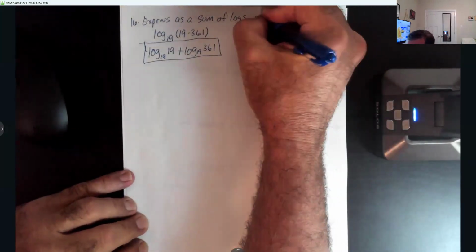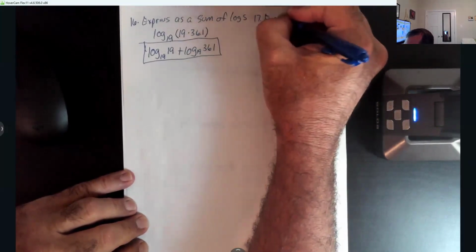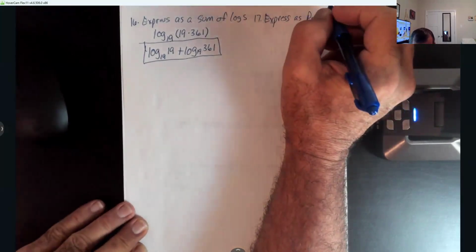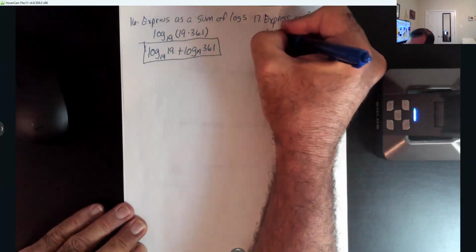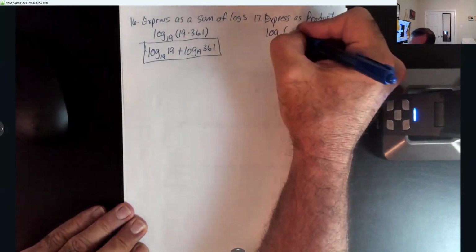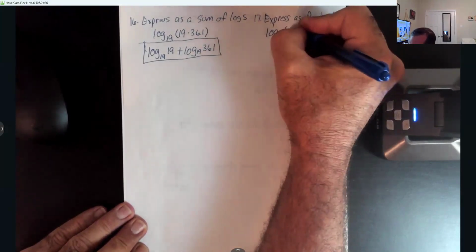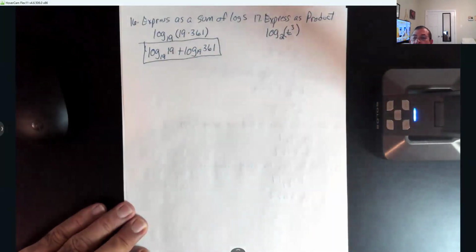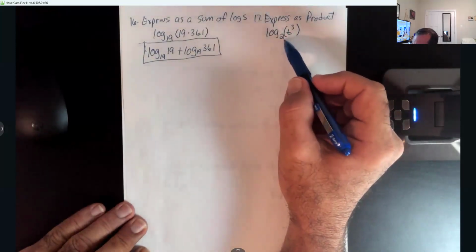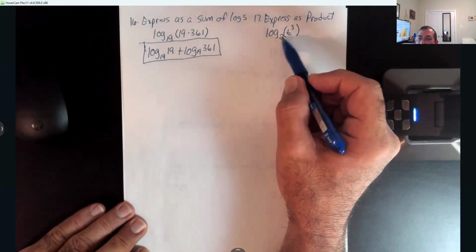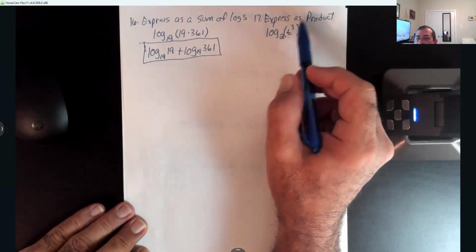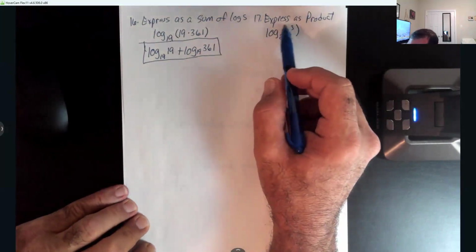All right, 17. Express as a product. All right, y'all, they got a log base 2 of t to the third. Well, this is a base 2 with a result of t to the third. So when they say express as a product, that means take this exponent down to the front.